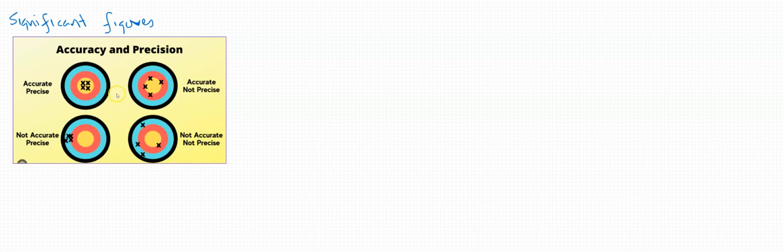Okay, that's the ideal. Now, no matter what instrument you have, it's going to have limitations in terms of accuracy and precision, right? There are inherent problems when you have a measuring device. Let's start with something simple like a ruler.